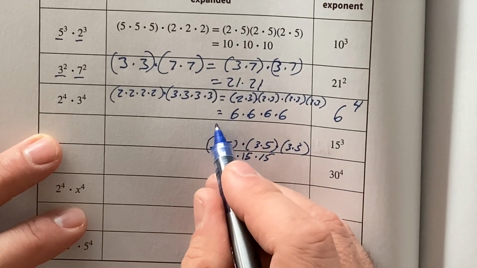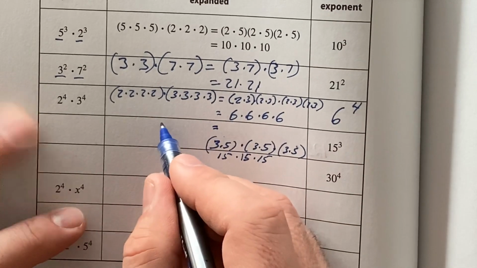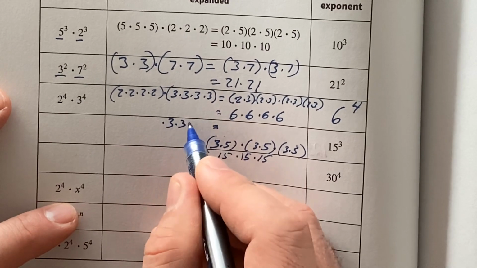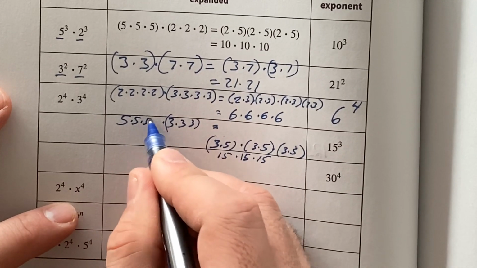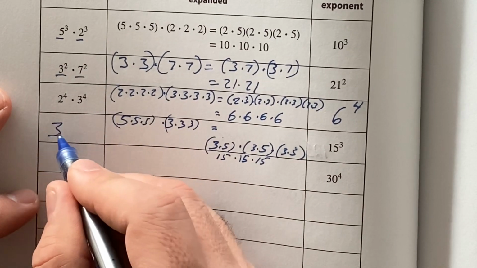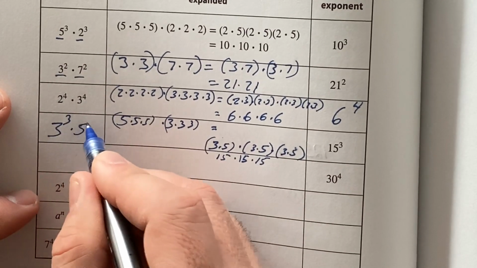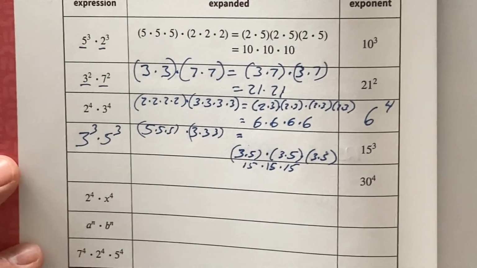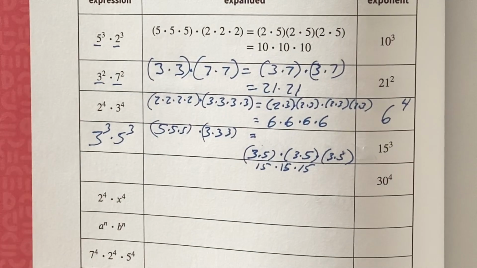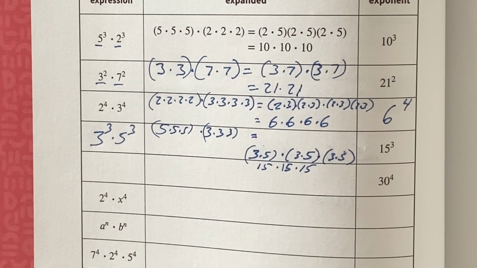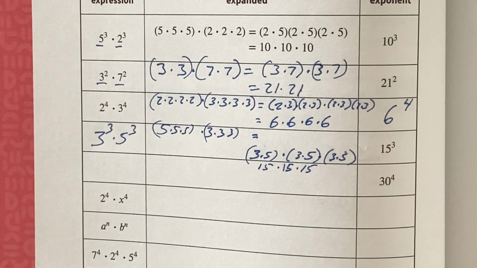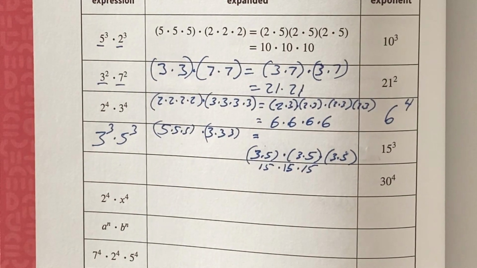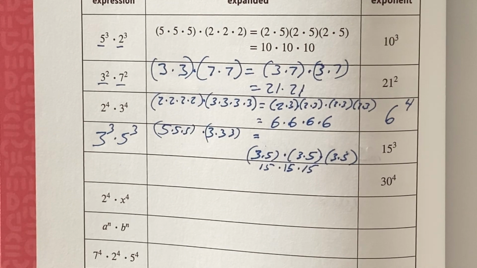So that means I have 3 3s and 3 5s. Okay, when you finish the other 4, there are some different variations. There's different ways to get 30, of course.